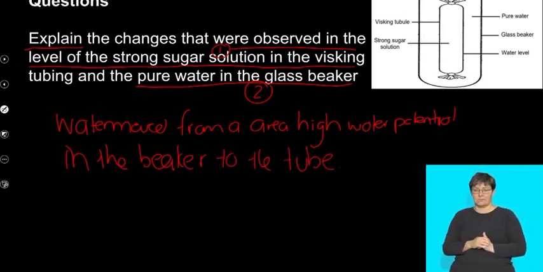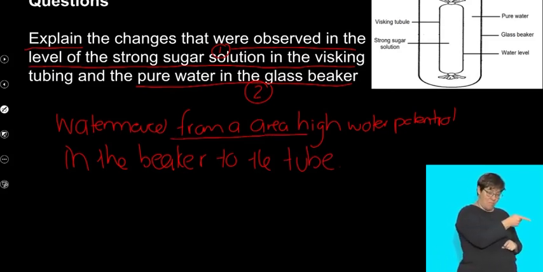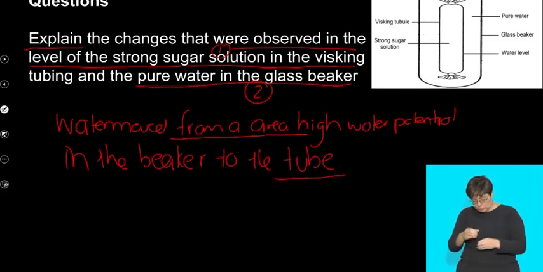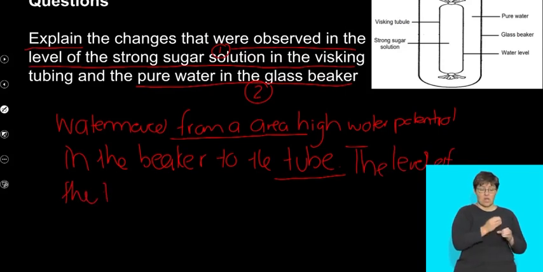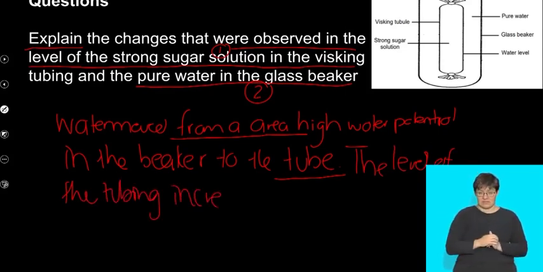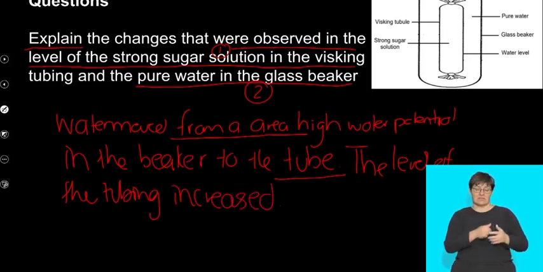So what happened here? Water moved from the beaker into the tubing, which means, let's answer it, the level of the tubing increased. There we answer the second one. Okay, then that's the next thing.